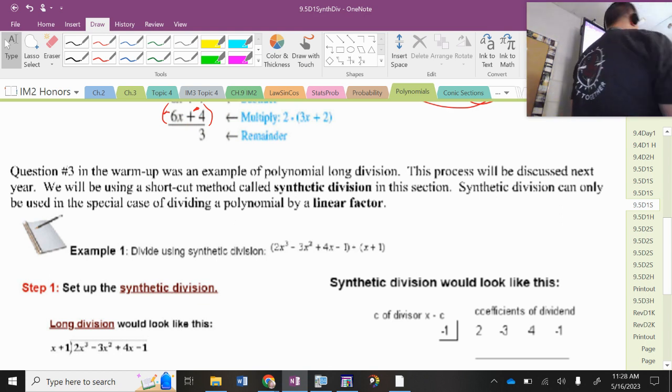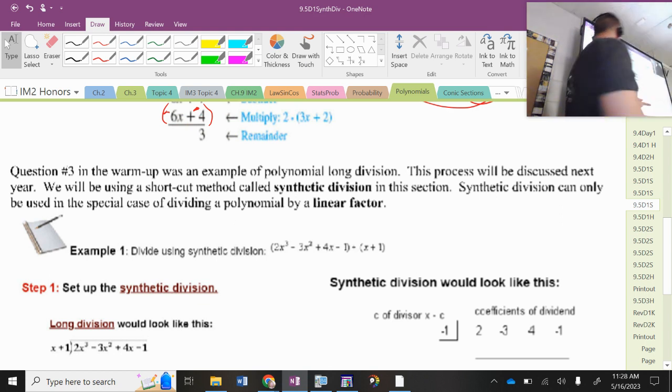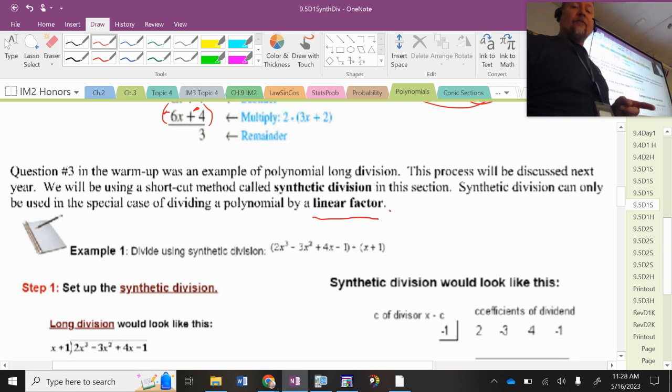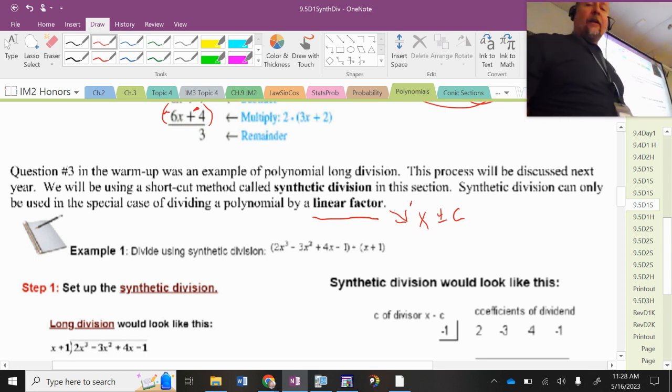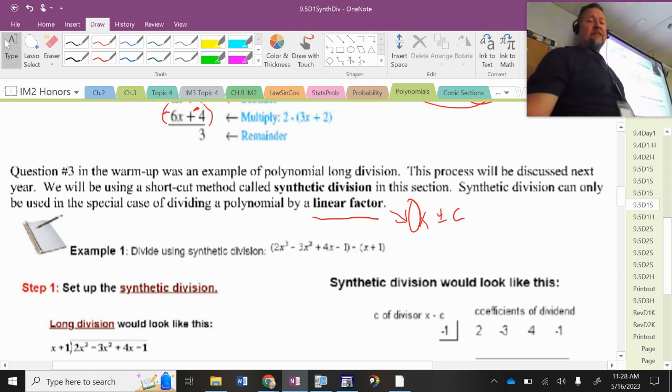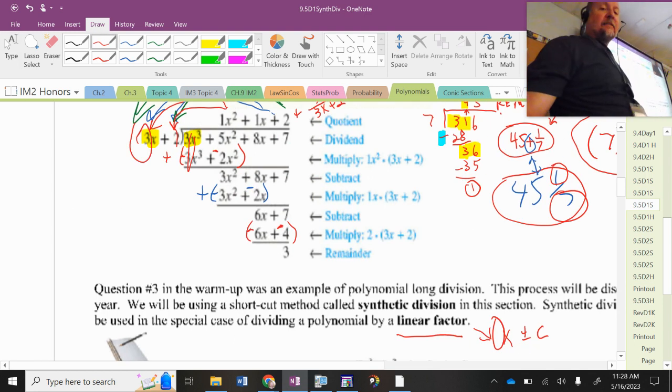Synthetic division is very specific. It can only be used when you're dividing by a linear factor. And as a factor, it's got to be x plus or minus some number. Like you have to have 1 in front of this x. That last one that we did, this 3 would mess up the ability to do synthetic division.